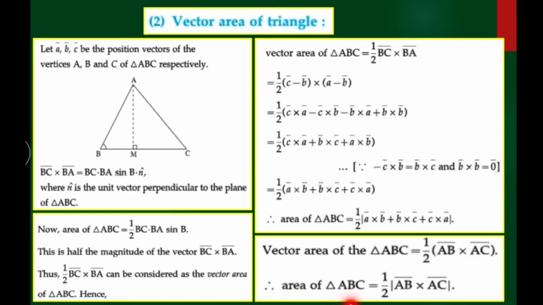Therefore area of triangle ABC equals half of the modulus of AB bar cross AC bar. That means when we consider vertex A, we take AB and AC. When we consider vertex C, we take CB and CA. In this way we can find the vector area of a triangle.